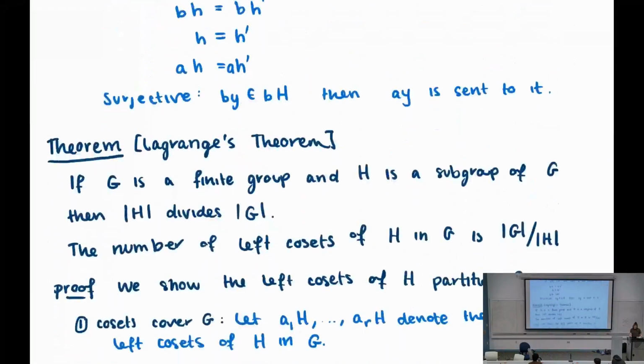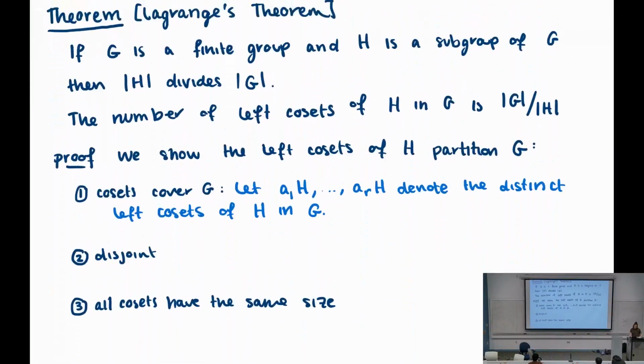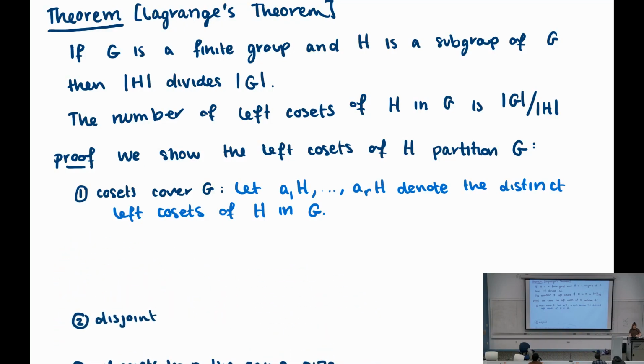Okay, so going back to the proof. So we're going to let a1H up to a_rH denote the distinct left cosets of H in G. And then given an arbitrary a in G, we need to show that this a is contained in one of these cosets.